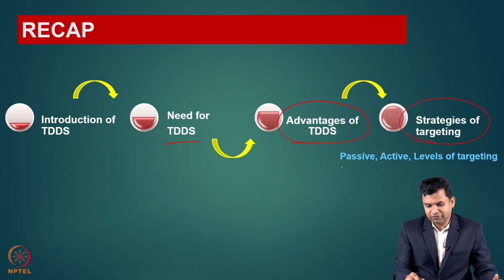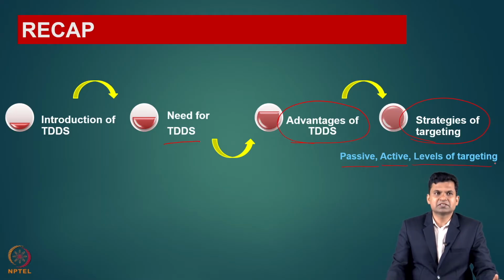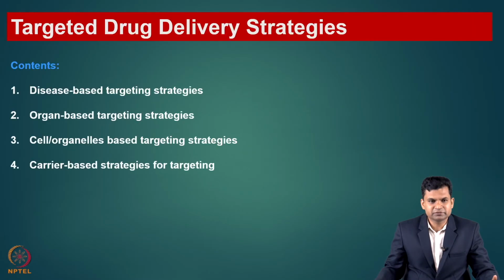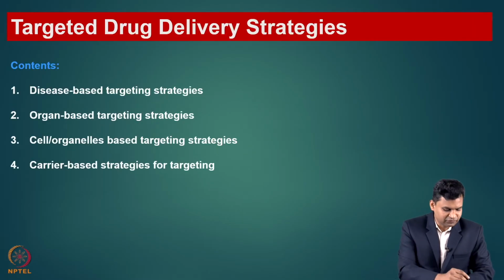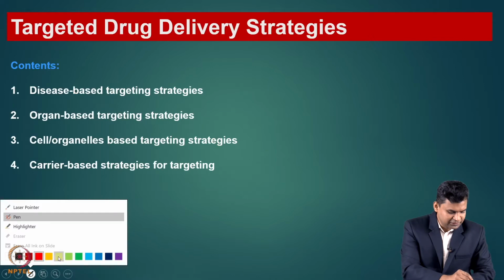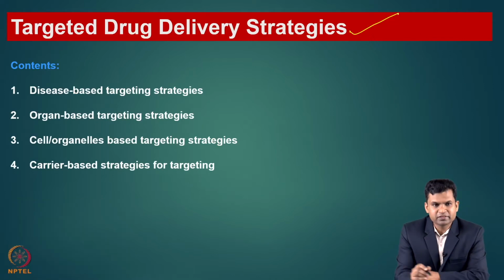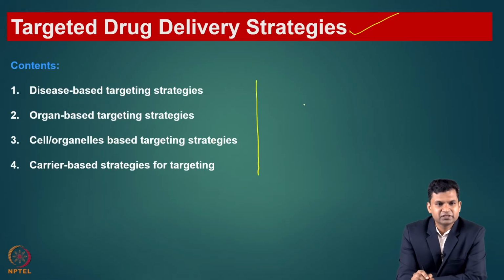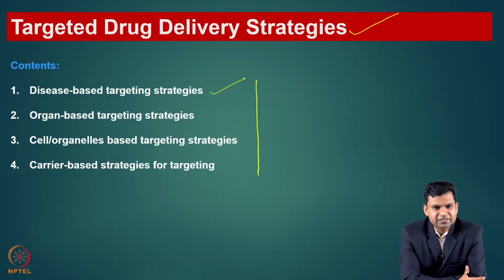In that we discussed passive targeting, active targeting, and levels of targeting. In today's session I am going to discuss some of the targeting strategies. Here is the flow of today's presentation. First, I will discuss disease based targeting strategies, which work on various types of diseases.